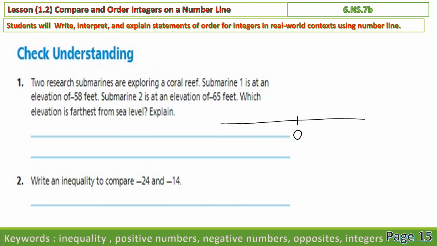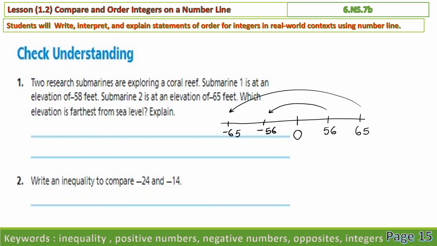If here it is 0, on the right side first comes 56, then 65 comes. On the left side, we take the reflection. So first comes -56 and then comes -65.